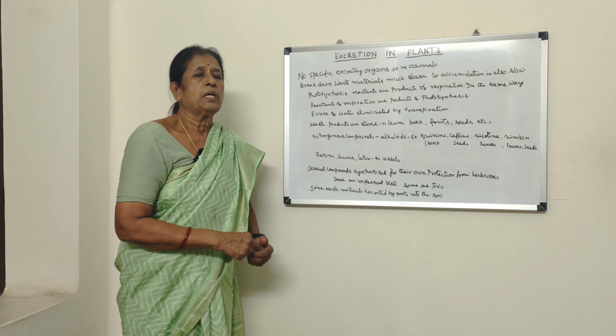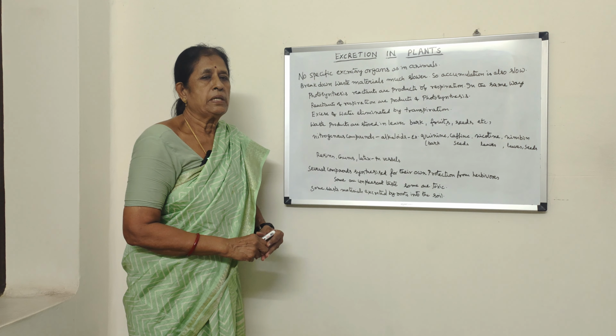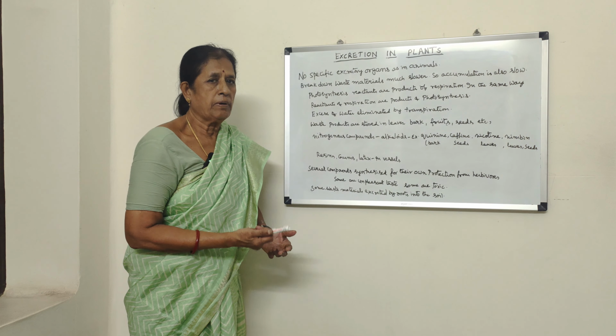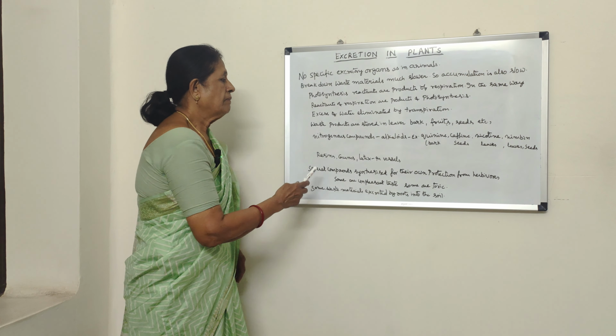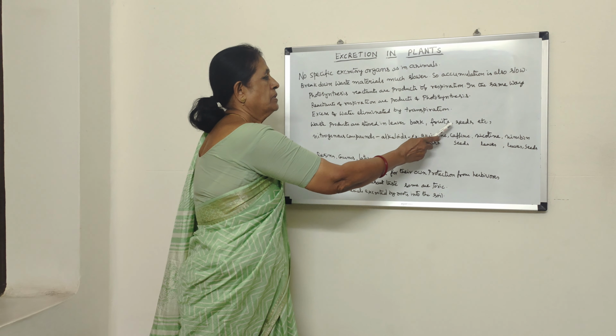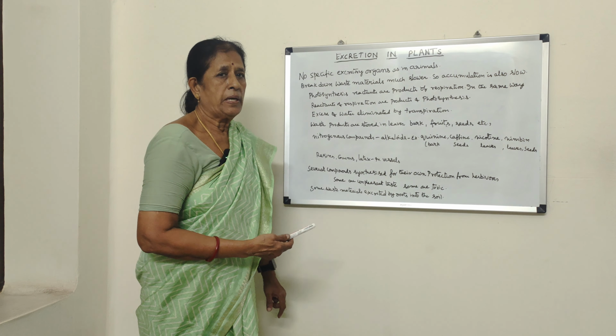How are the waste materials eliminated? In different forms. You might have seen the fall of leaves. The leaves become yellow and fall off. That is one thing. And some waste materials are stored in the leaves, bark, fruits, seeds, roots, various parts of the plant body.